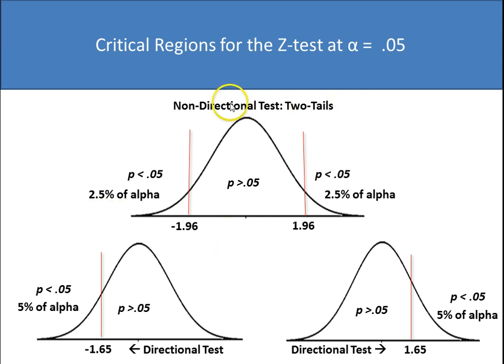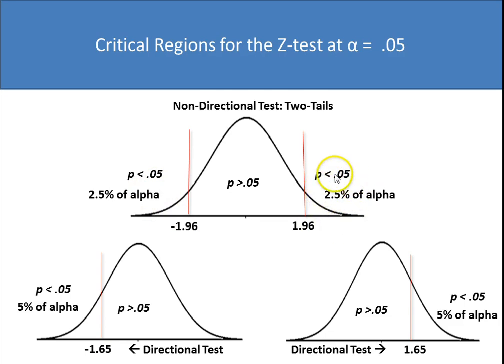So again, for a two-tail test with an alpha level of 5%, we separate the top 2.5% and the bottom 2.5%. Out here in the tails, these are what we call the critical regions, our low probability outcomes.